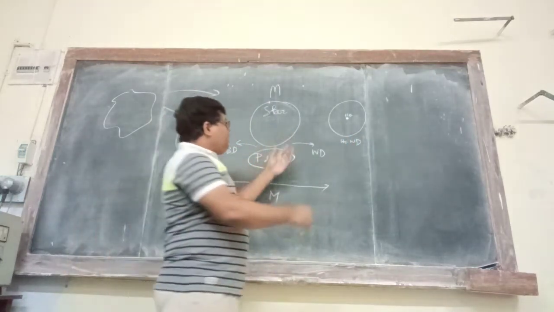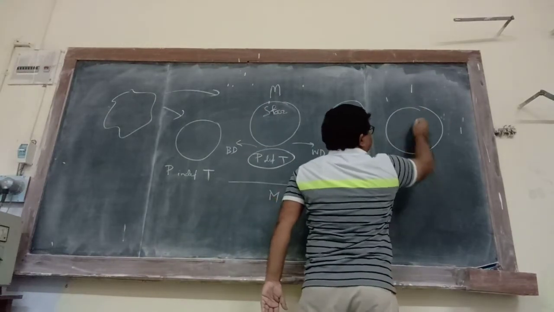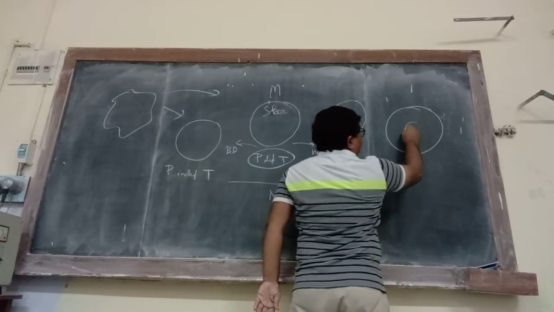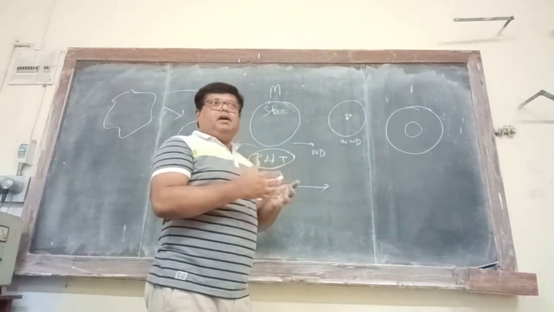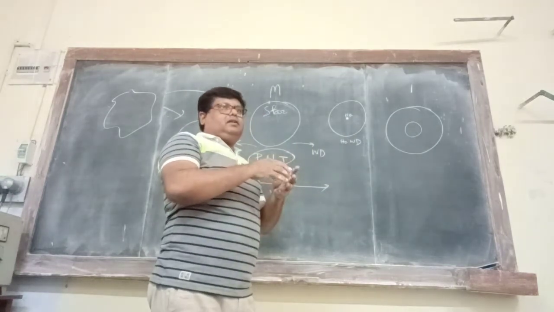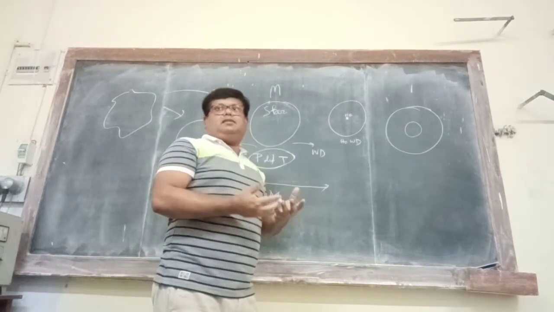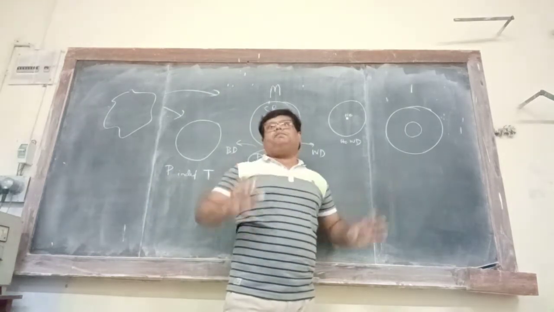Now it so happens that in the star the central temperature is high enough. Then what will happen? Hydrogen will fuse to helium, and after that the temperature is again favorable so that helium can also fuse to carbon, but not beyond that.